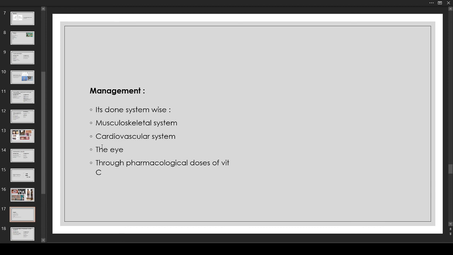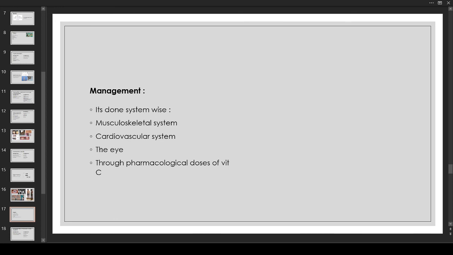And unfortunately, really very unfortunately, there is no way to deal with this kind of abnormality, specifically talking about any bone abnormality, other than surgery. And the management in this case is done system-wise.